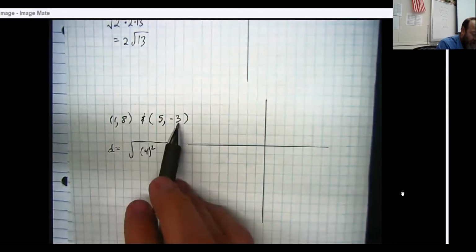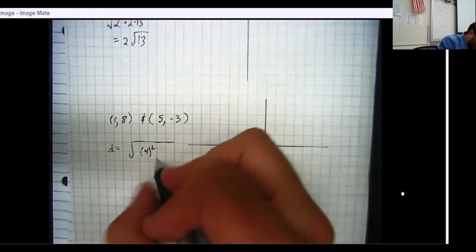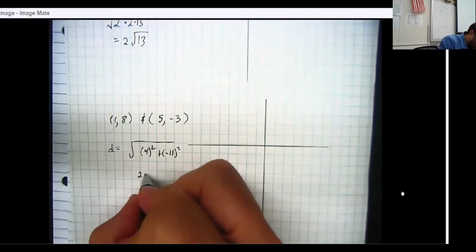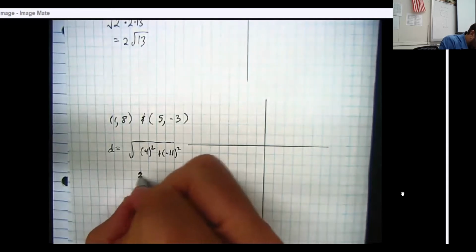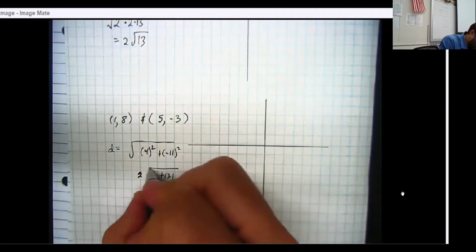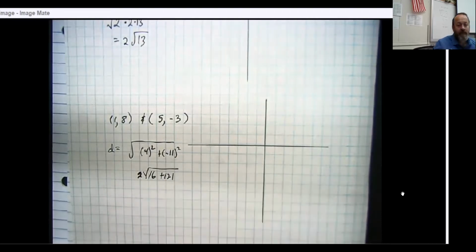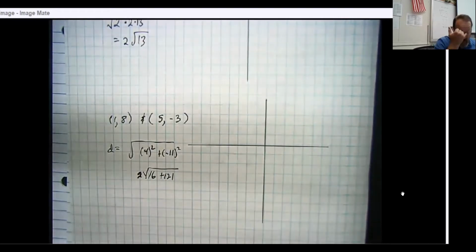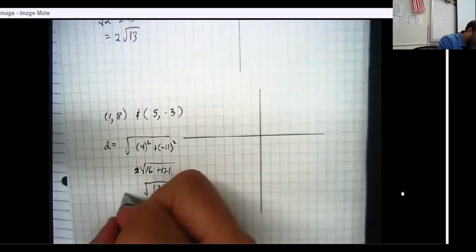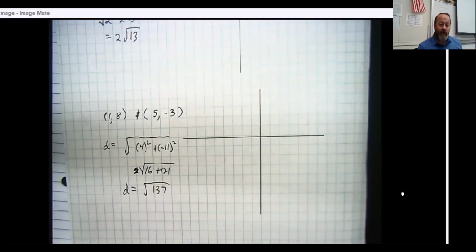The 8 all the way down to 13 has dropped a total of 11. 4 squared is 16. That's 121. For 11 squared, keep in mind -11 squared is the same as +11 squared. And I got root 137, which happens to be prime, and so I don't have to simplify it.